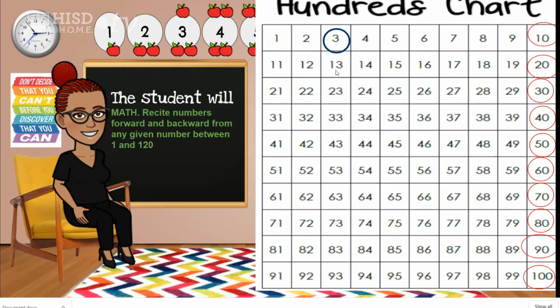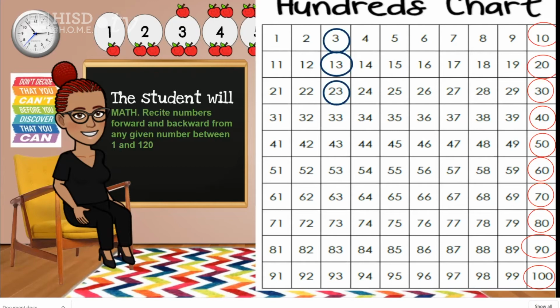If I start at 3 and add 10 more, the next number is going to be 13. I wonder what would happen if we added 10 more. Let's count 10 spaces after 13 and see what number comes next. 1, 2, 3, 4, 5, 6, 7, 8, 9, 10. The next number is 23.